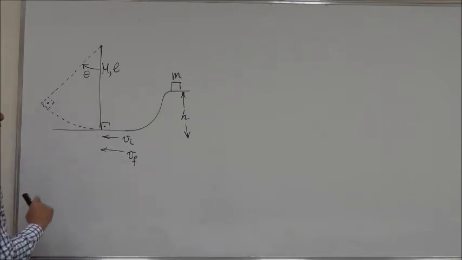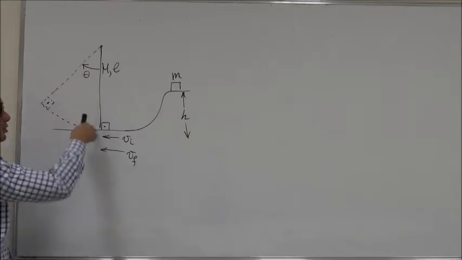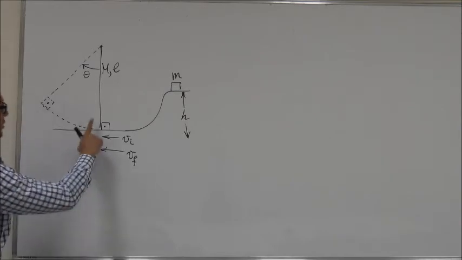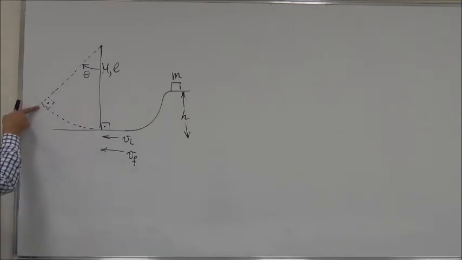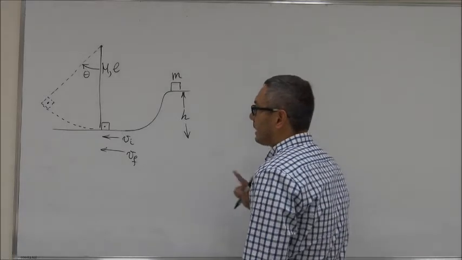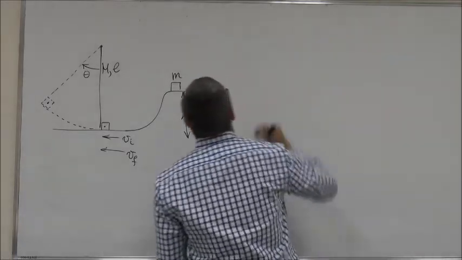Right after the collision, the system, which in this case is the rod with the block attached to it, has some kinetic energy, and this kinetic energy is then transferred into the potential energy of the system up here. So let's write that statement mathematically. The kinetic energy of the system right after the collision consists of two parts.